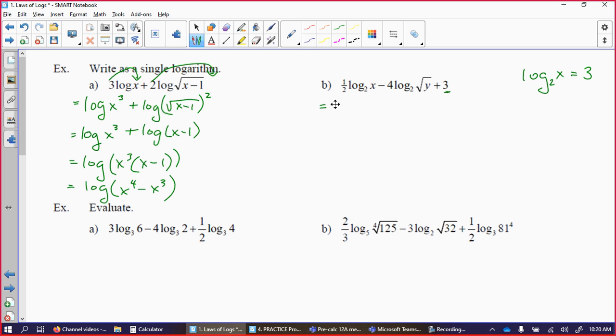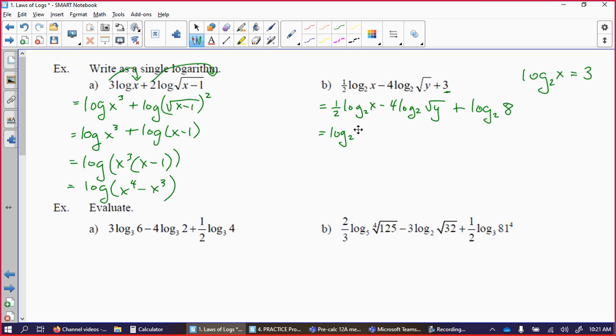So I would say, well, a half log base 2 of x minus 4 log base 2 of the square root of y plus, well, 3 is log base 2 of 8. I would do that because if I don't set a number to its logarithmic equivalent, 3 is log base 2 of 8. If this was log base 10, you could put it whichever number you needed. So now we have to use the power rule to get rid of the half in the front.